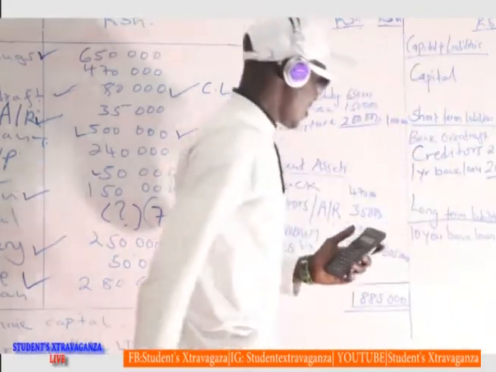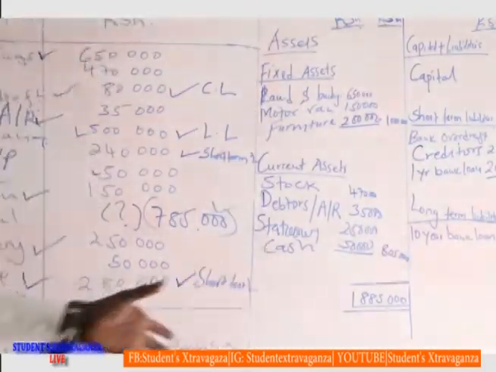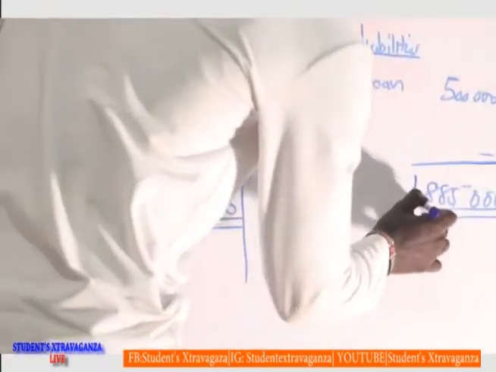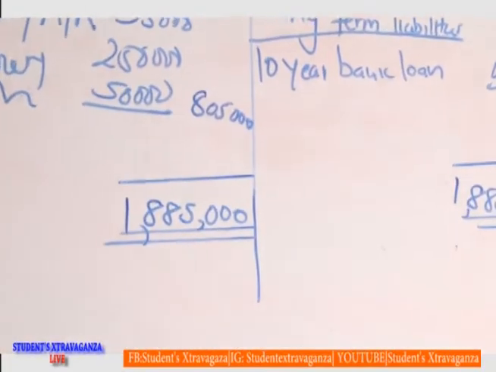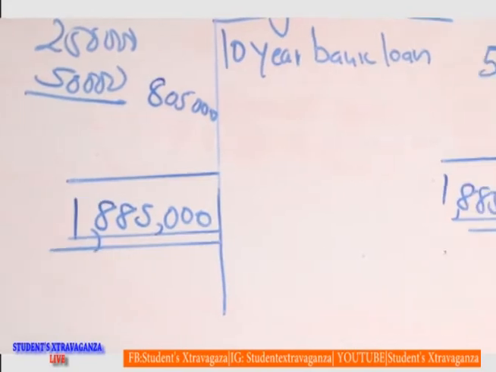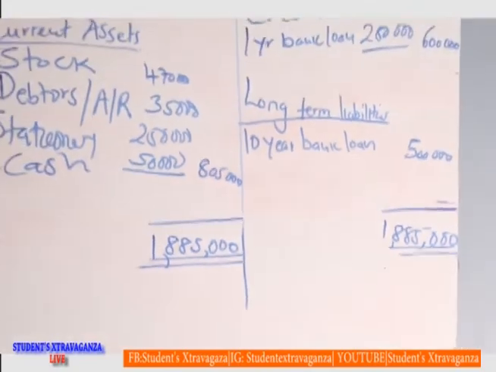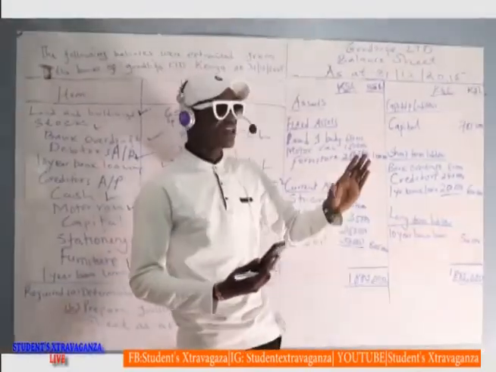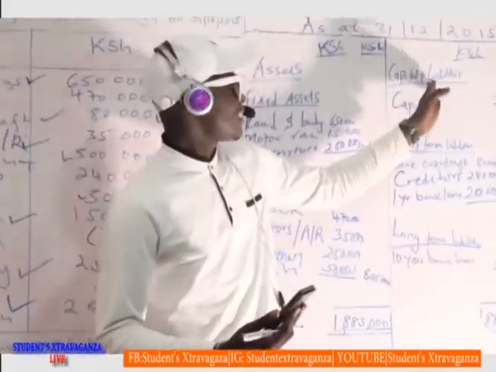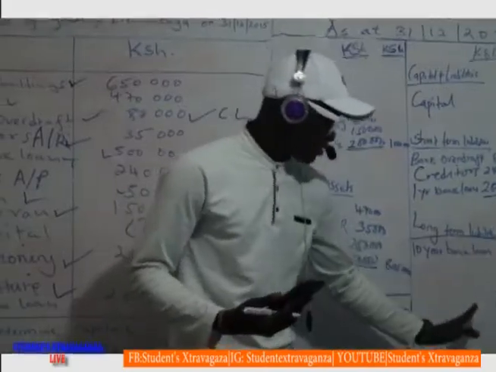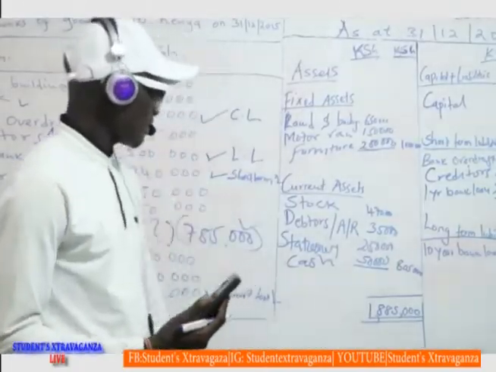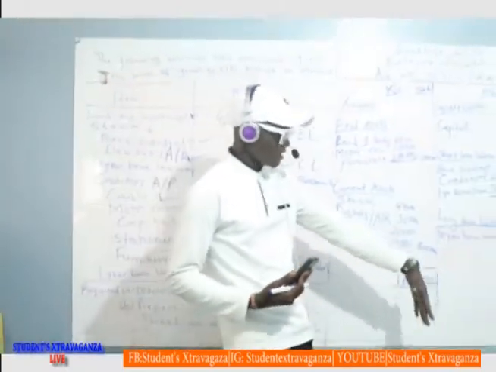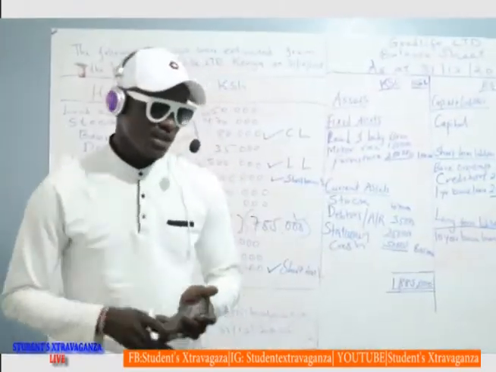And our balance sheet is balanced. It is in conformity with the bookkeeping equation or accounting equation, which says that all the assets listed on this side must equal capital plus liability on the other side. So it balances at 1,885,000. We are done with our balance sheet.